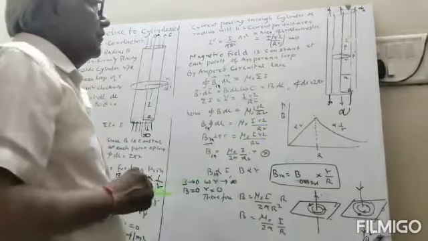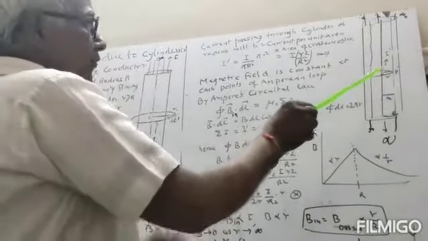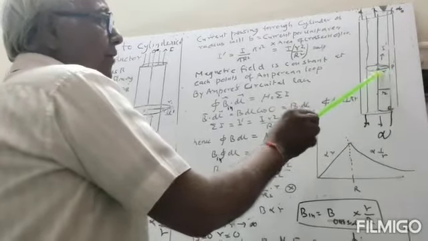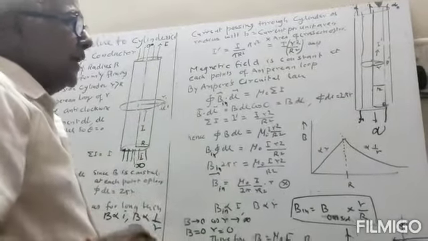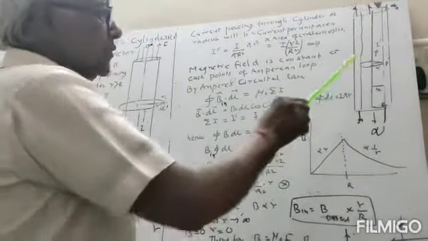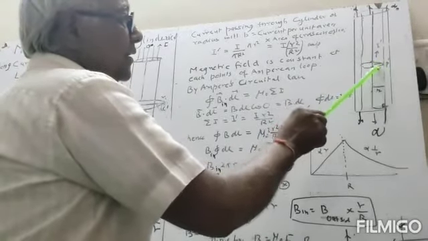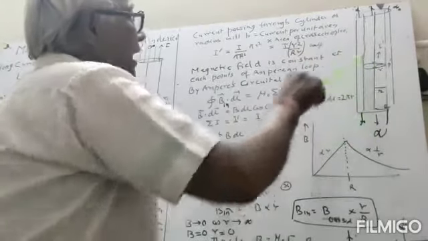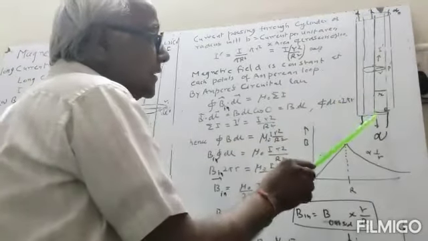Now we want to find the magnetic field at a point P which is inside the conductor, at distance small r from the center. Then here we will construct an Amperian loop whose radius is small r. So this will be the Amperian loop. First we will find what is the current through the cylinder whose radius is small r.